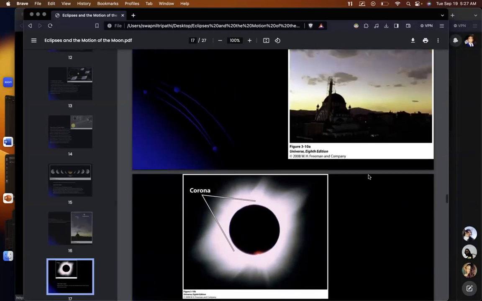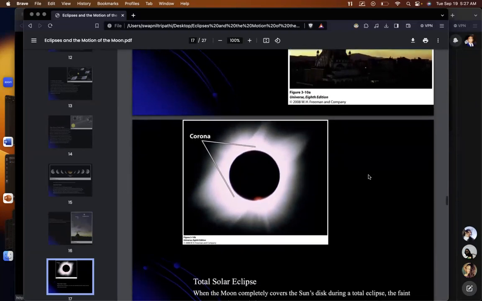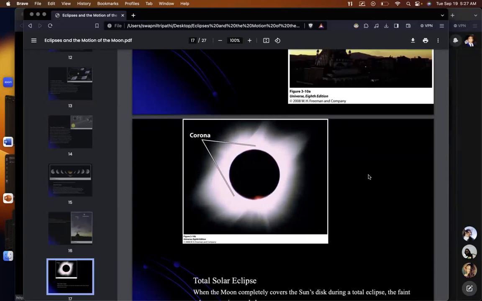Normally, we don't see the corona because the disk of the sun is way, way, way bright compared to the corona, so we don't see it. But during a solar eclipse, the moon blocks the disk, and so corona is still visible, and the light from there gets to the Earth.